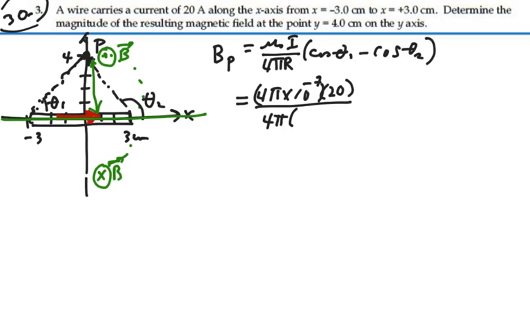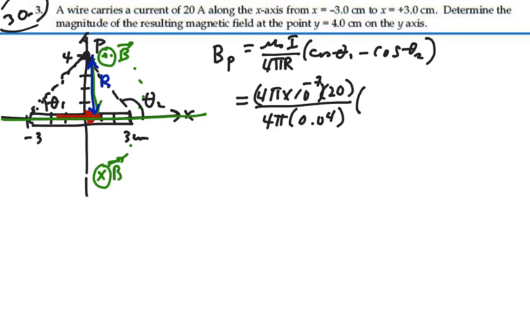Let me put that in blue. That is our R. So even if this were a skewed segment, it would still be that perpendicular distance from the point to the line of action of the current. So in this case, R is equal to 4 centimeters. So we have 0.04 meters for R.